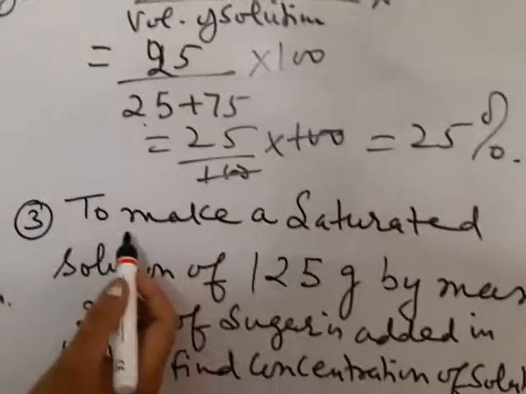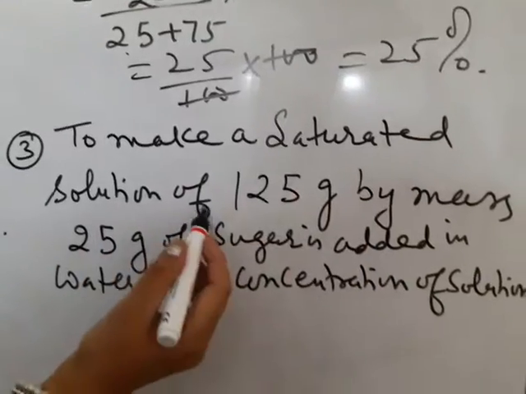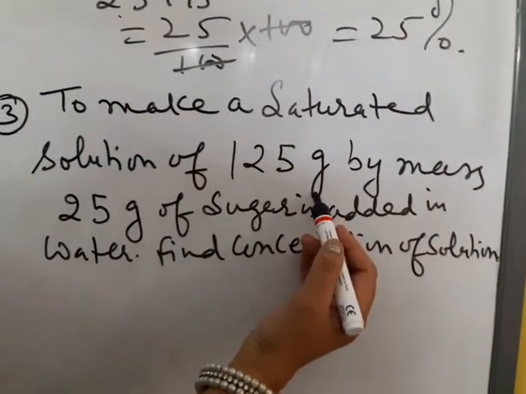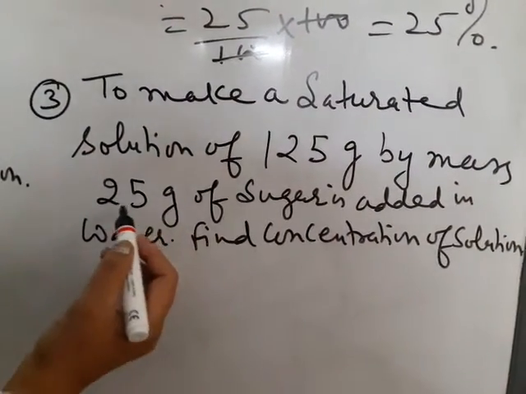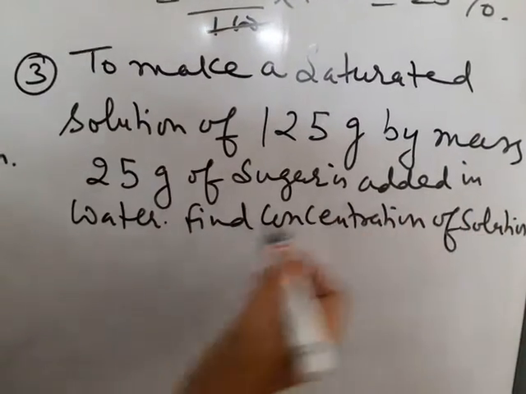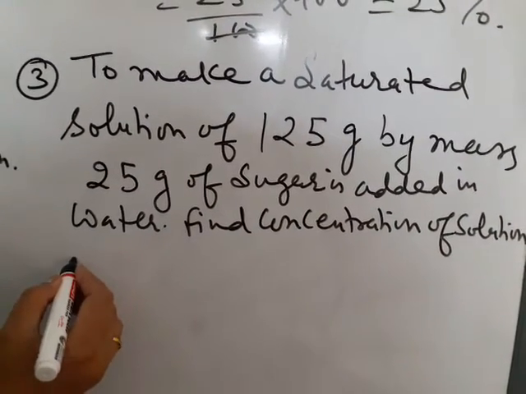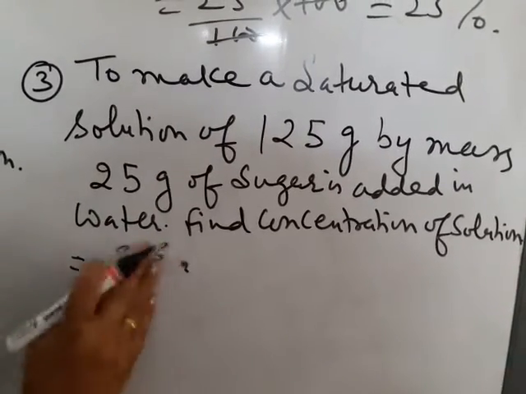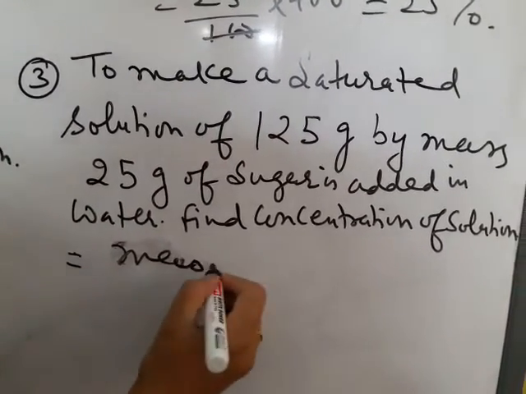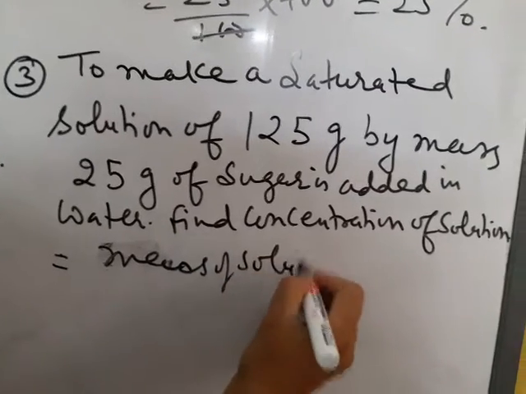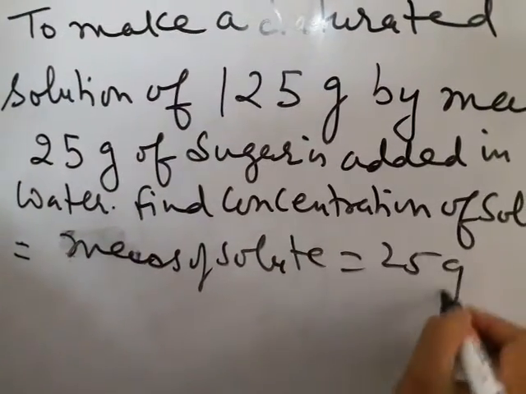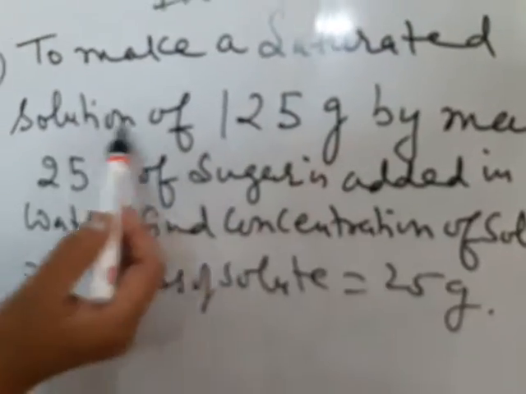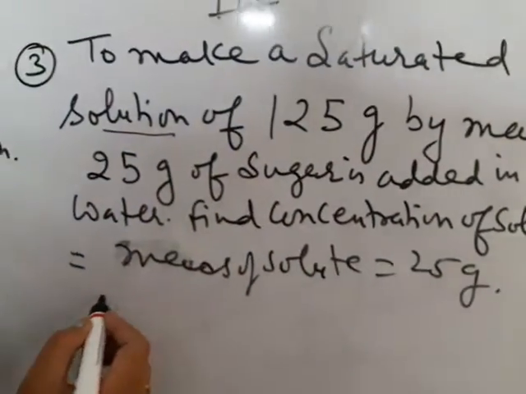Now look at this third numerical. To make a saturated solution of 125 gram, by mass 25 gram of sugar is added in it. Now here what is given? Mass of solute is given. Mass of solute is 25 gram and 125 gram solution is given.